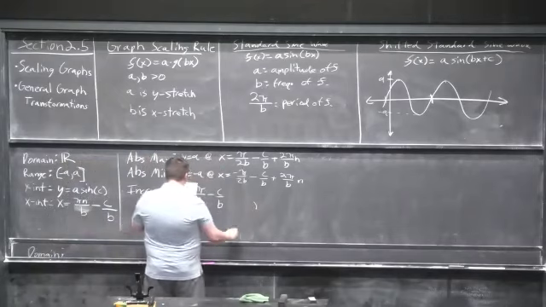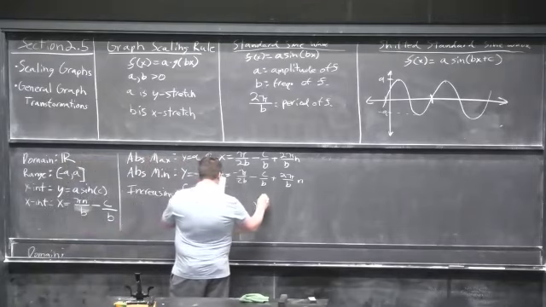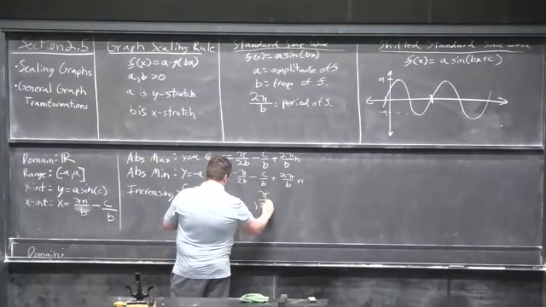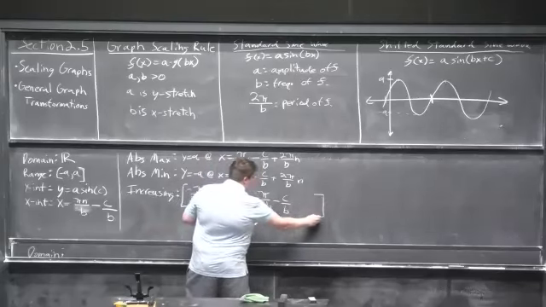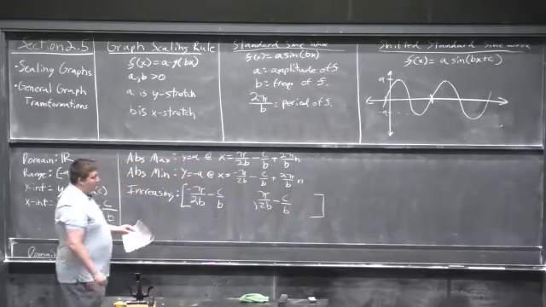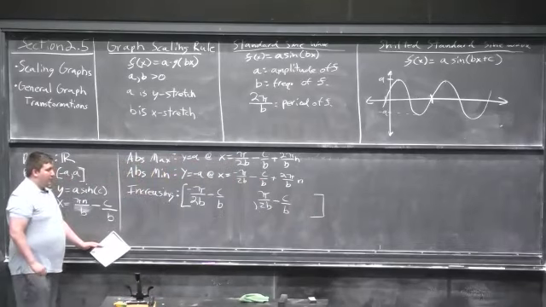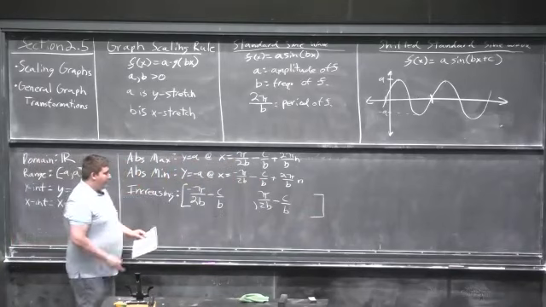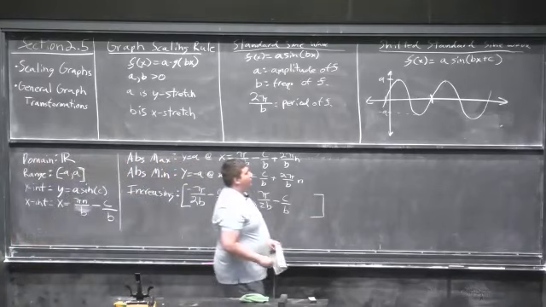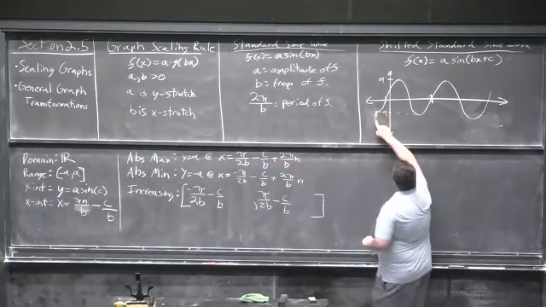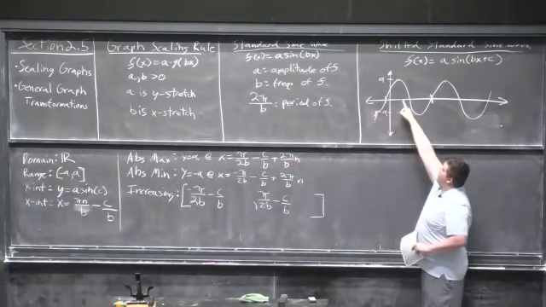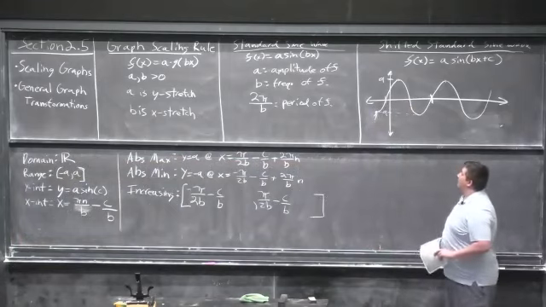I'm going to put some space here and then have it go to pi over 2b minus c over b, and I'm going to close the bracket. Now I put a decent amount of space here, namely because this gets us the interval from this point to the peak of the graph there.